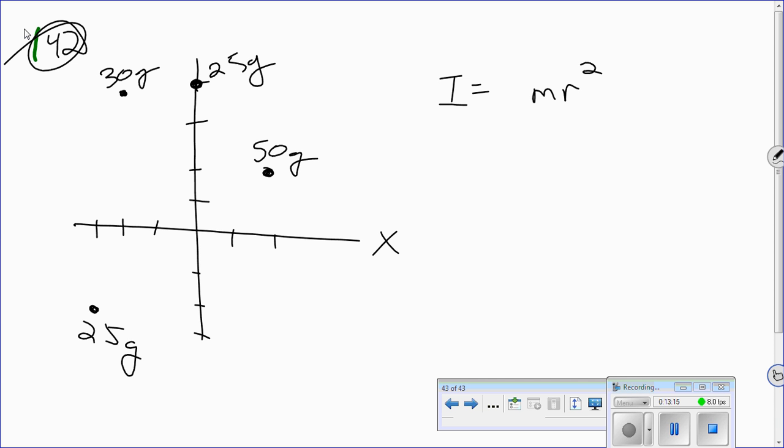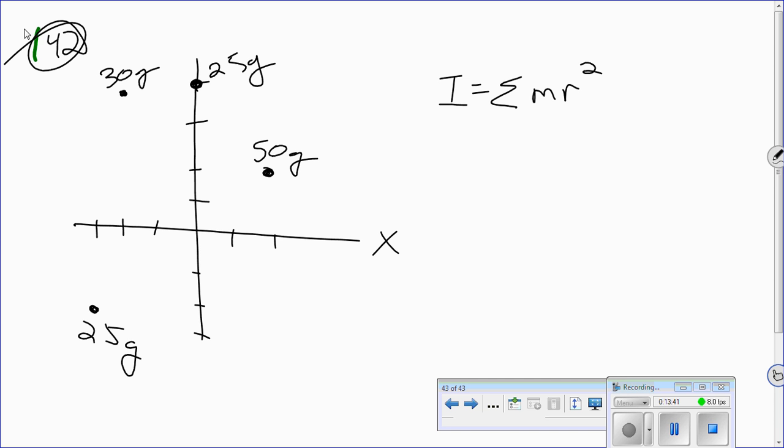When you're looking at a system of particles like this, you just sum up each of the individual rotational inertias. This is a useful fact, in the same way that if you're trying to find the total mass of a system, you just add the masses. If you're trying to find the total rotational inertia of a system, you just add the rotational inertias. Like break it up into little bits and add them up. So we want to add them all up.